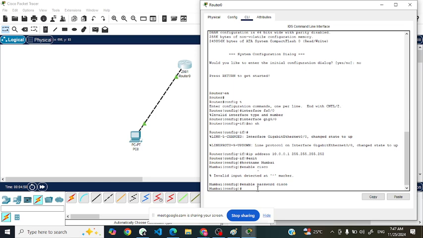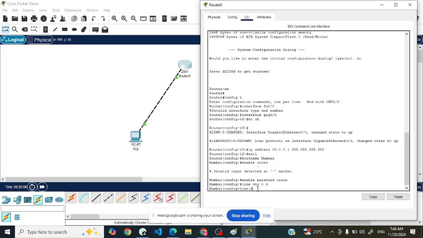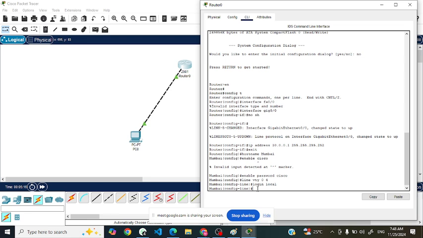Next, configuring connections to use Telnet or SSH using line VTY 0 4. I use line vty 0 4, login local, and transport input telnet.